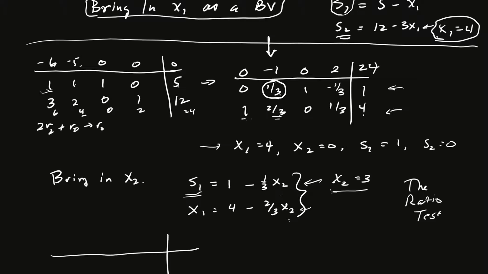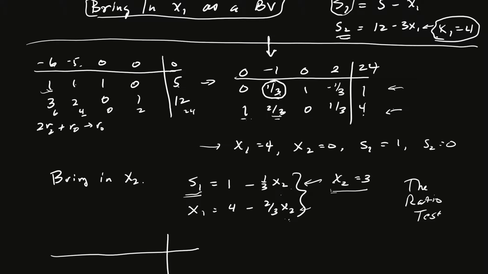Okay, good. Now, let's go ahead and rewrite our tableau here and get started. 0, 2, 24. I'm going to go ahead and multiply this row by 3 while I'm at it. 3, 1, 2/3, 0, 1/3, 4.